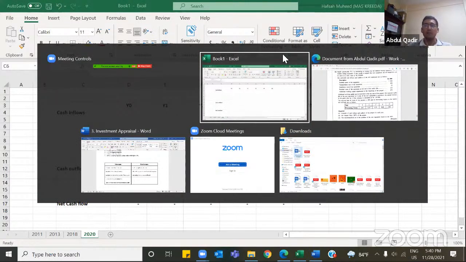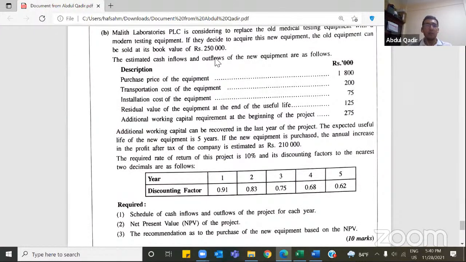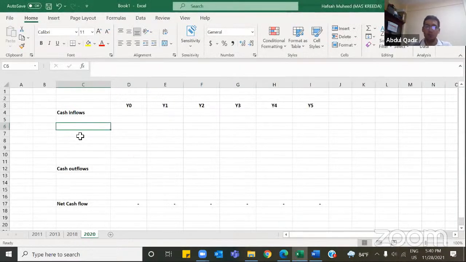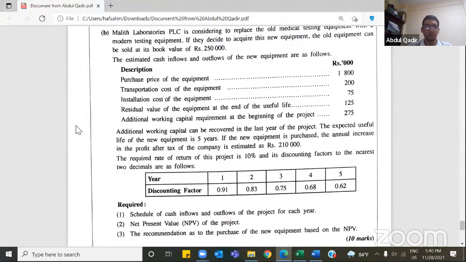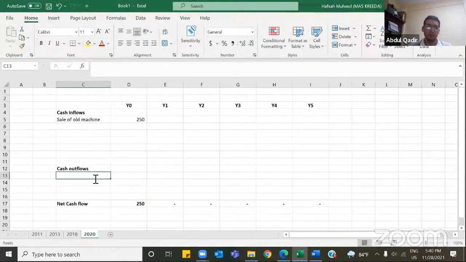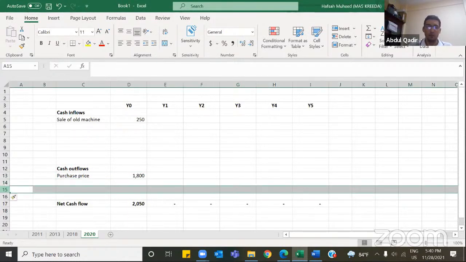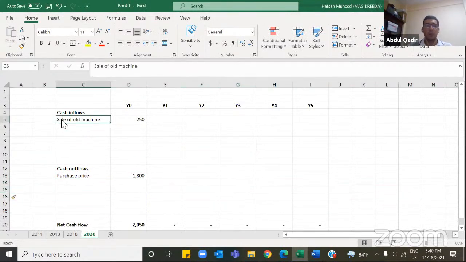So first one, the old equipment can be sold at its book value of 250,000. So we will first include that because that is a cash inflow. So you can say sale of old machine, 250. Purchase price of the equipment 1,800, so cash outflow, purchase price, 1,800.